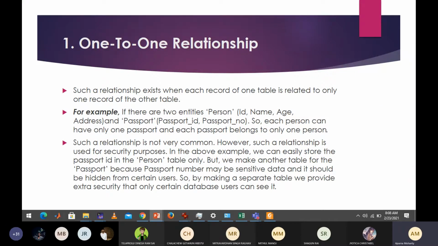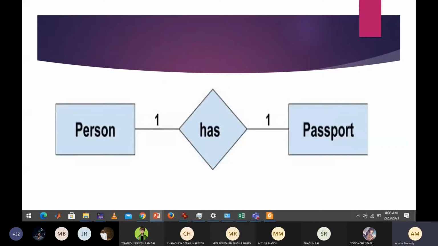Suppose I am talking about a one-to-one relationship. Consider this simple example: passport. It is obvious, it is mandatory, that a person cannot have multiple passports. Every person will have a maximum of one passport. So how is the relationship? The person is one entity, the passport is another entity, and the relationship is having the passport.